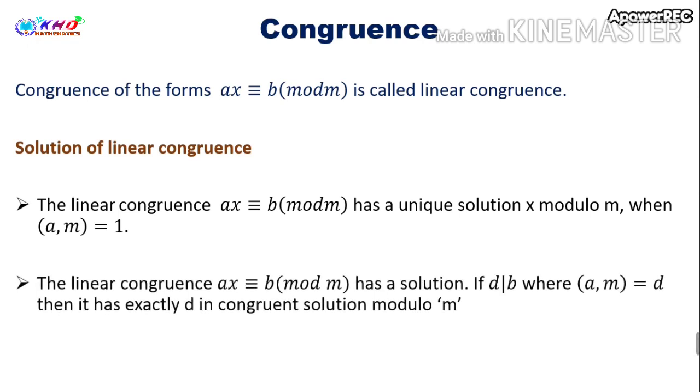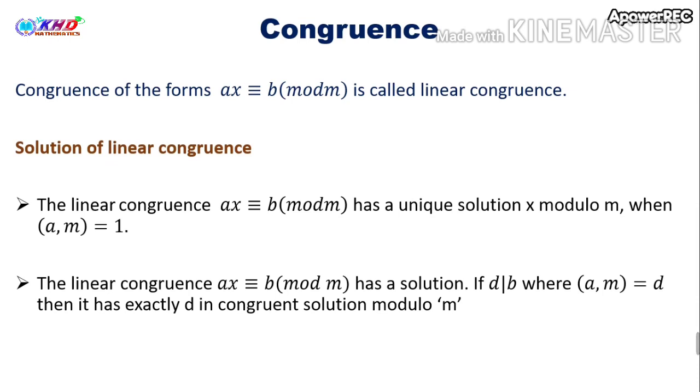And the second one: the linear congruence ax congruent to b mod m has a solution if d divides b, where GCD of a and m is equal to d, then it has exactly d incongruent solutions modulo m.